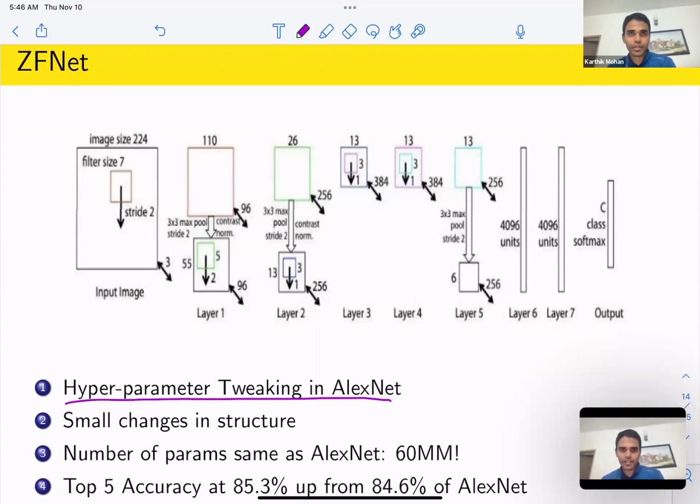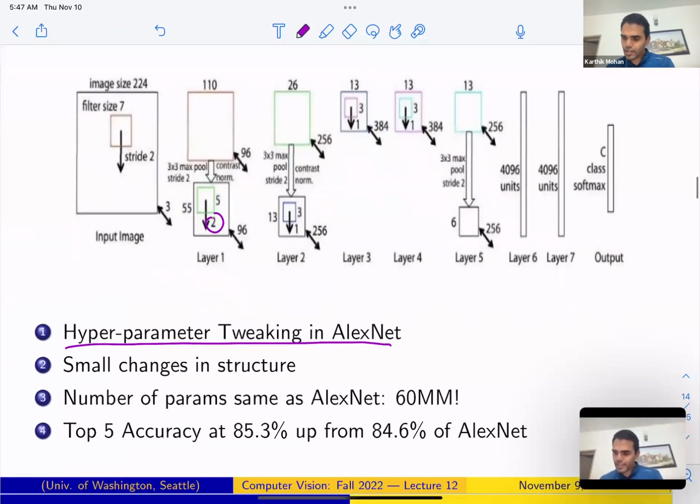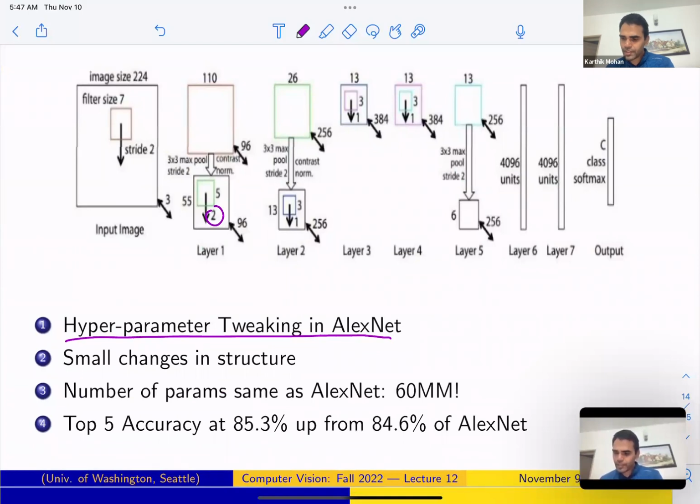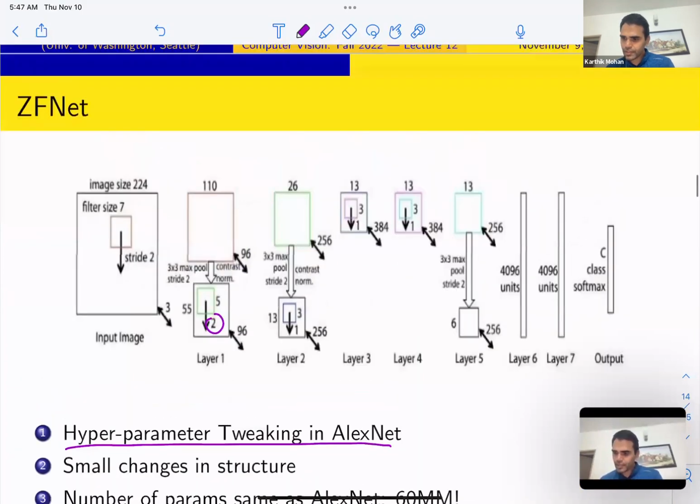You can come up with an architecture, but you might not have optimized it in terms of hyperparameters, so number of hidden layers, number of neurons per layer, and things like that, and even stride lengths. These are all hyperparameters that you can tune. So tweaking those, you can get better improvement. In this case, it's not a significant improvement, but it's still, I guess, did it win the challenge?